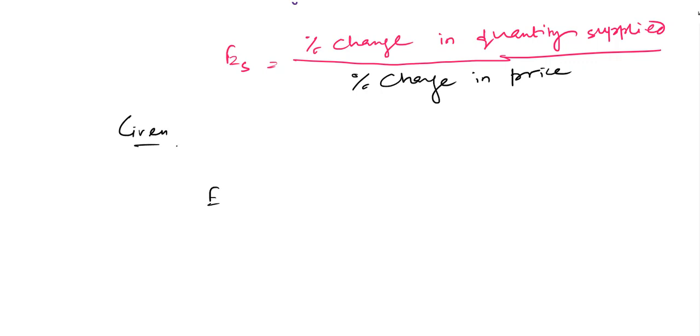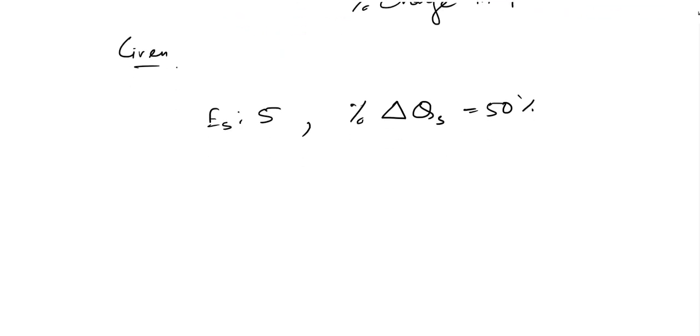Here the given data are: elasticity of supply ES is 5, and the percentage change in quantity supplied, that is %ΔQS, is 50%. We need to find the percentage change in price.